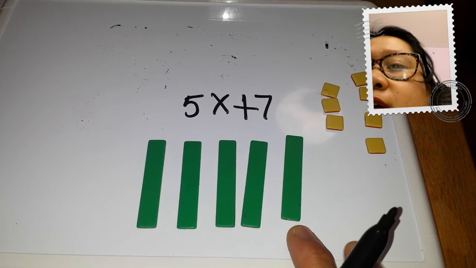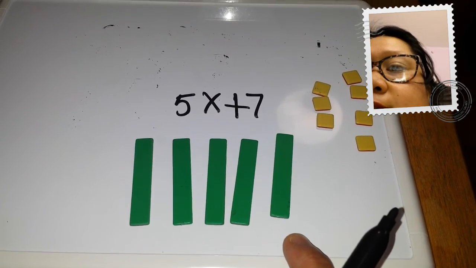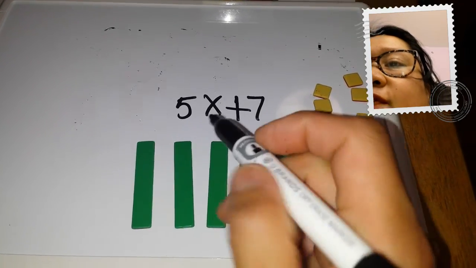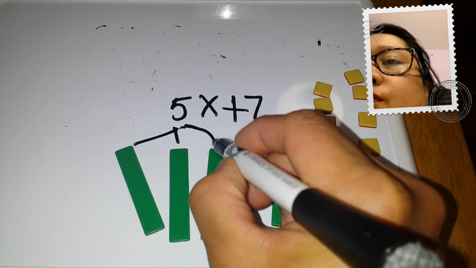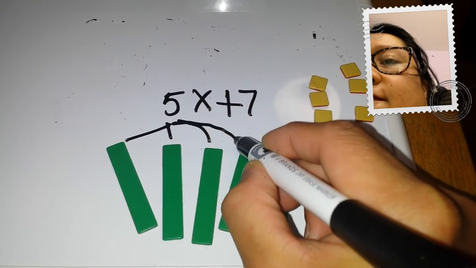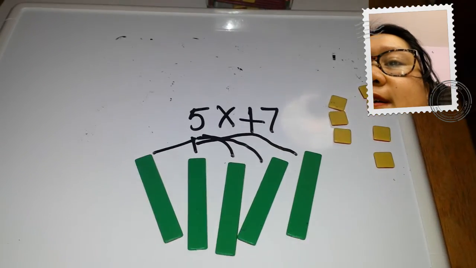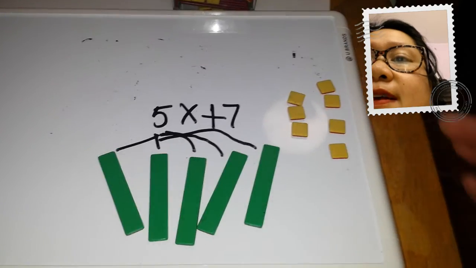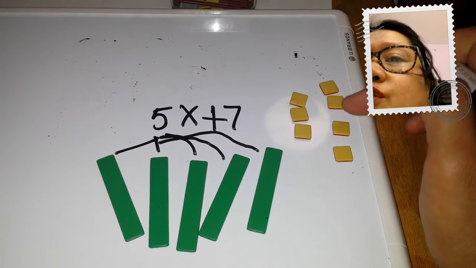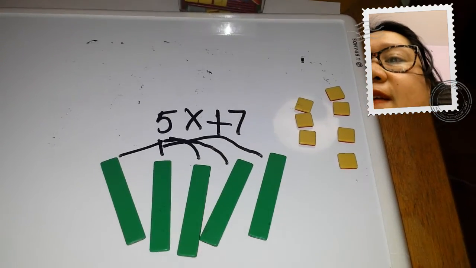We combined all of the green rectangles, which each one of them is 1x, and we counted 5, and so that's why it's 5x. Plus 7. And then let's just count the squares. 1, 2, 3, 4, 5, 6, 7. 7 squares. So that's 5x plus 7.